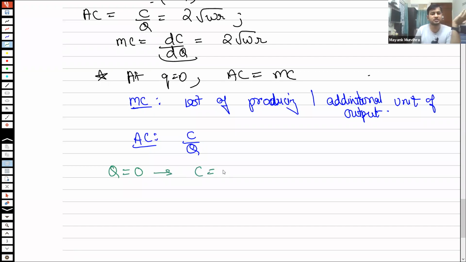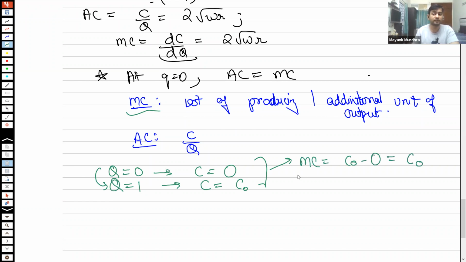So your cost is 0. You're producing nothing. Then you move to Q equals 1 and your cost becomes, let's say, C0. So the marginal cost for this case is going to be equal to the additional cost incurred to produce this one additional unit. So marginal cost is going to be C0 minus 0. So that is going to be C0. And average cost is total cost C0 divided by total quantity 1. So that is going to be equal to again C0.